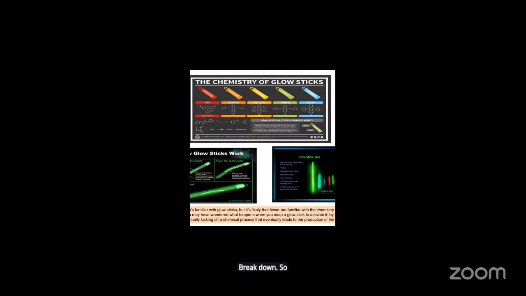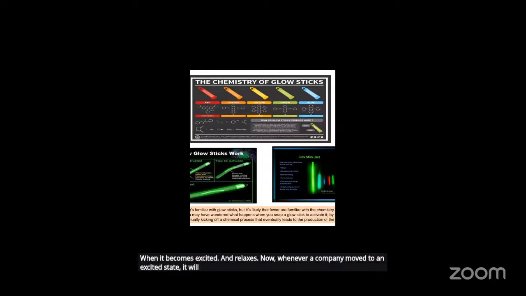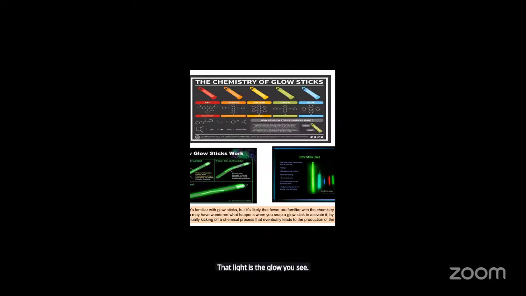So this intermediate is going to react with the dye in that particular oxalate ester and become excited. Whenever a compound moves to an excited state, it will certainly relax. Whenever it's relaxing, it emits light. That light is the glow you see. Let me come again. You have this liquid. When you break them up, the oxalate ester is going to react with hydrogen peroxide.